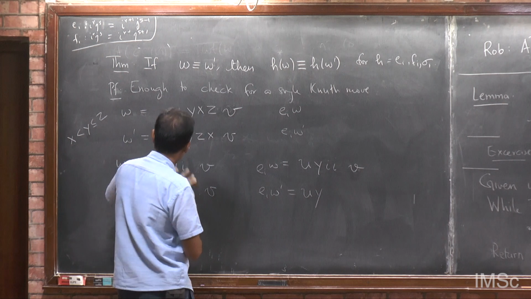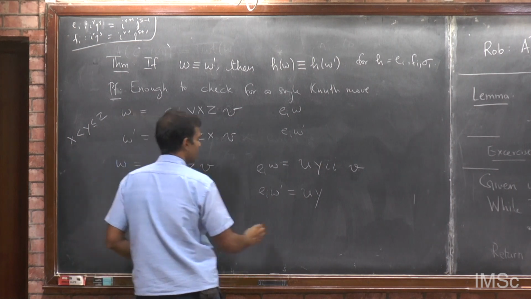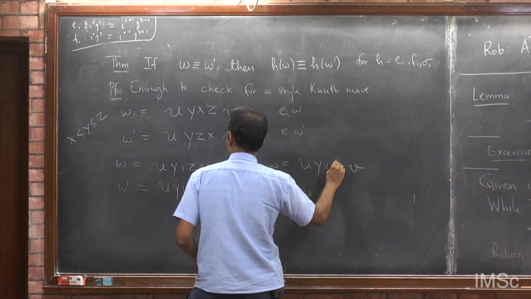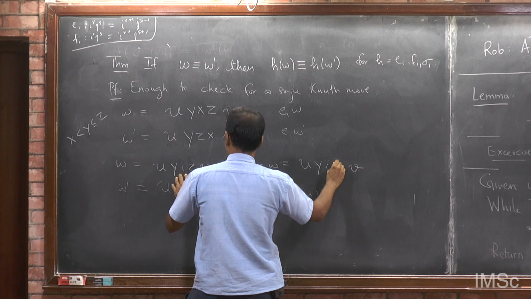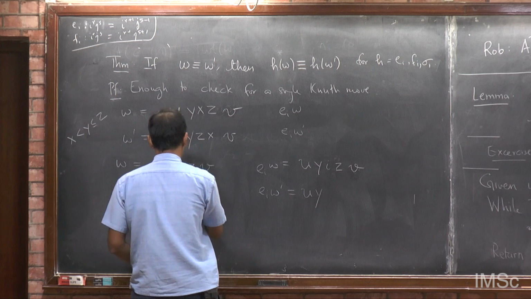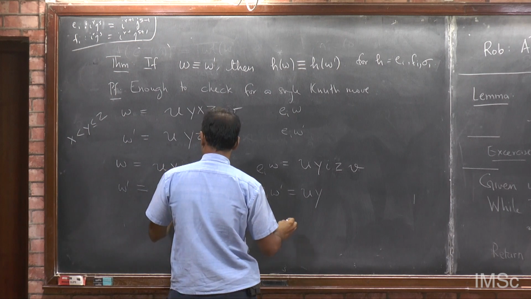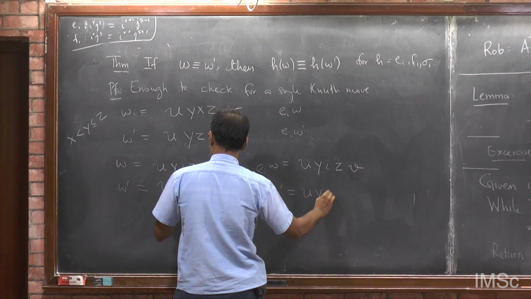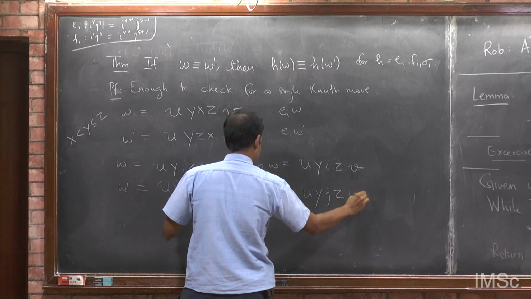Let's just do a simpler case, where I have x I z, y I z, and this I is changed to a j. Maybe next time I'll prepare more carefully. y j z.